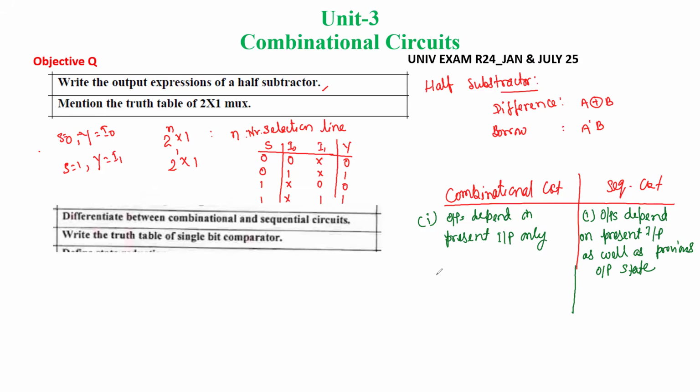Second point: a combinational circuit doesn't have memory. It doesn't have a memory element, whereas a sequential circuit has a memory element.